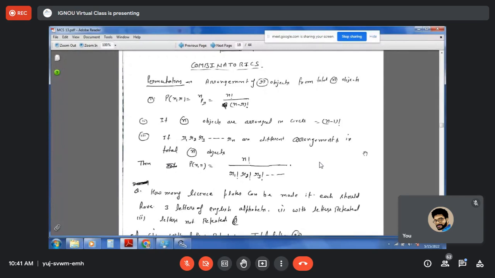For discrete mathematics, since you are from the computer side, if you want to discuss it in detail, take any MSc mathematics book on discrete mathematics. You will find so many examples there.